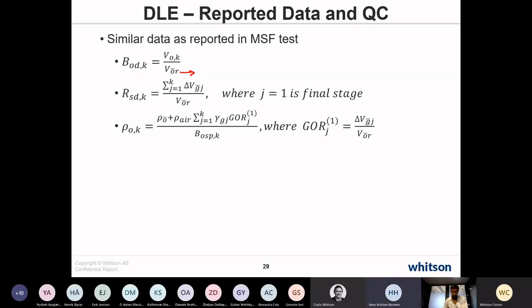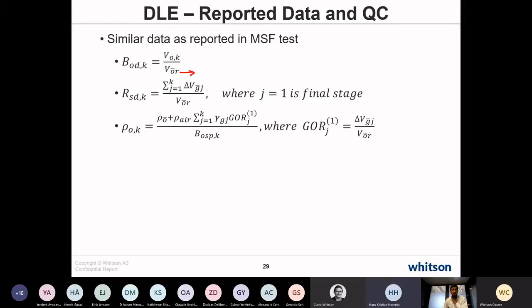Yes, Hans? I think it's more common that I don't measure it, because it depends a little bit on the DLE. You only measure the stock tank density, because you have not sufficient samples during your experiment.